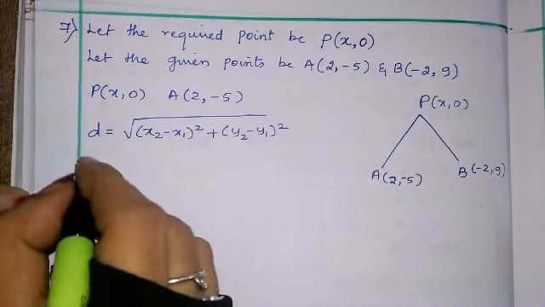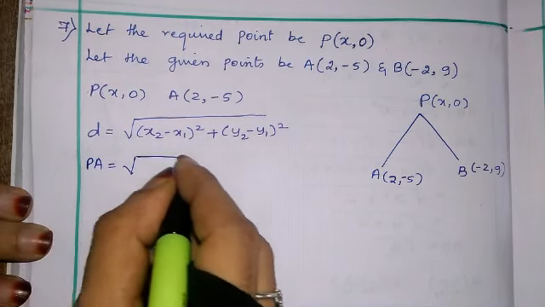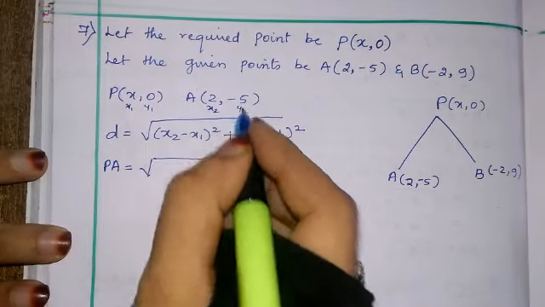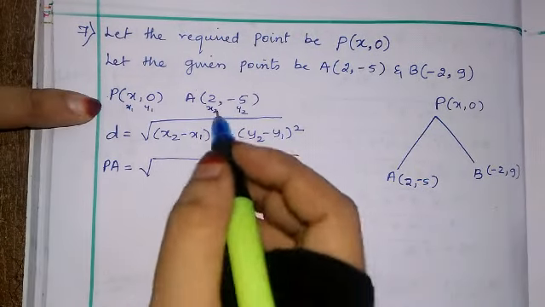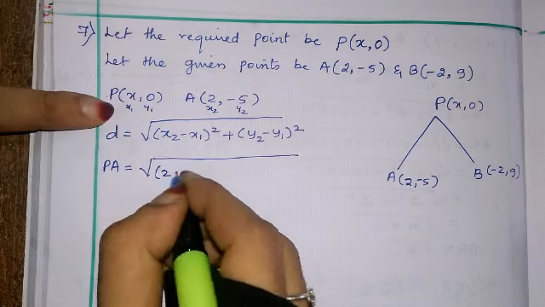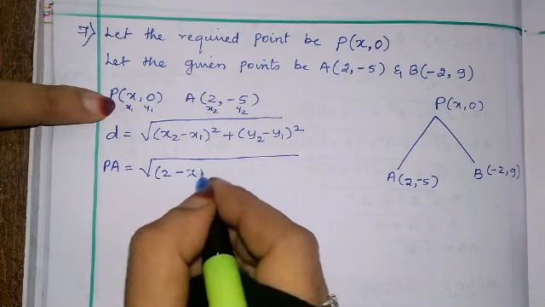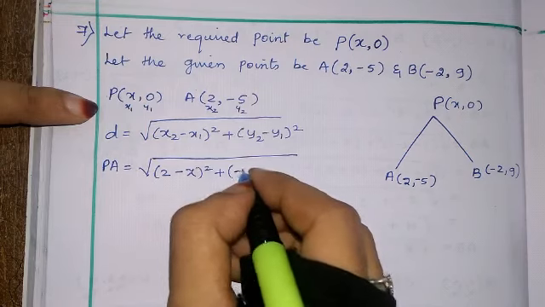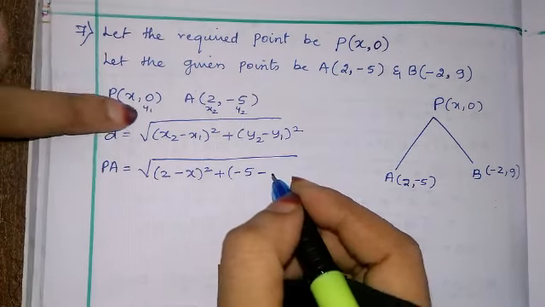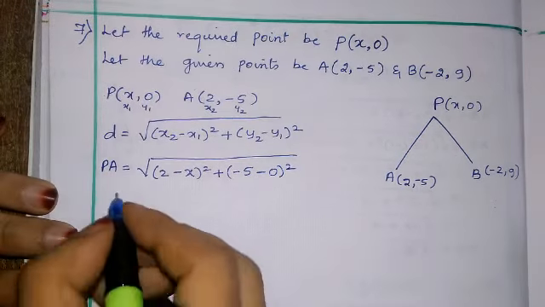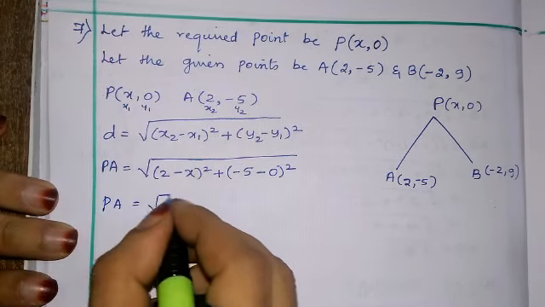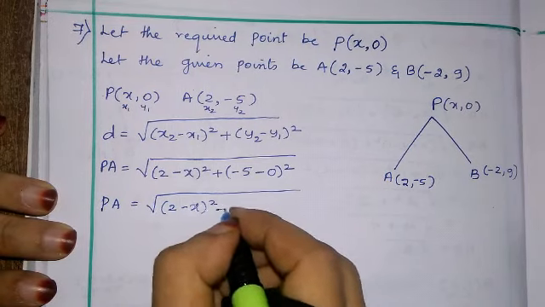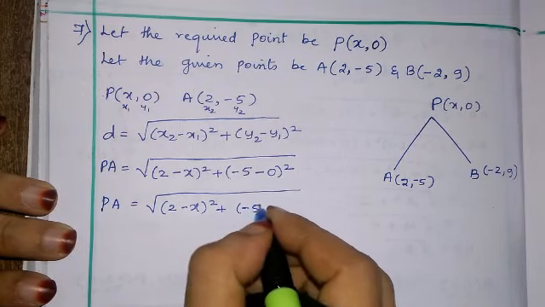So the distance between P and A, PA, is equal to root of (2 minus x) whole square plus (-5 minus 0) whole square.